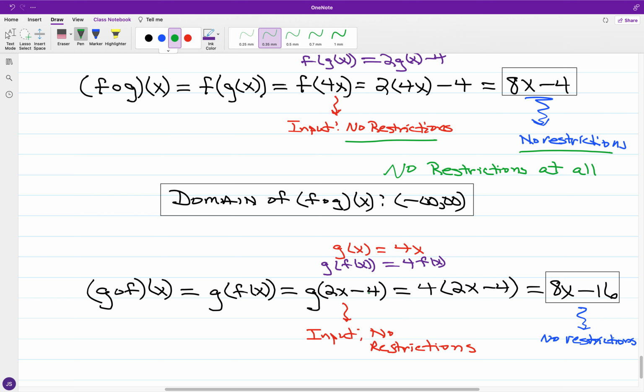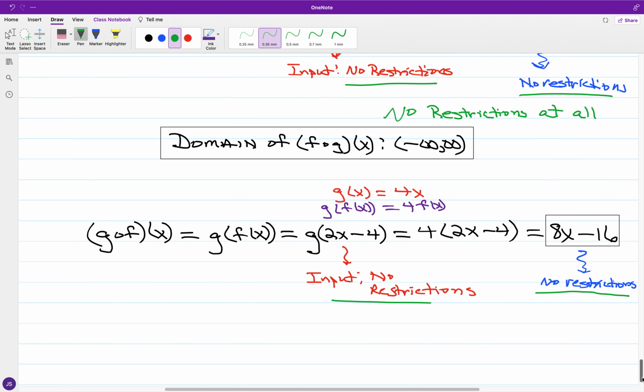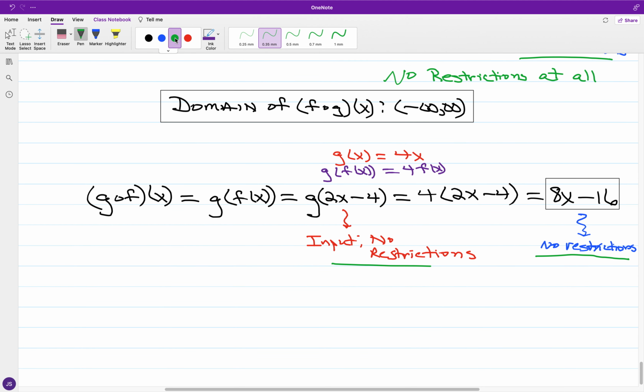Since there are no restrictions between the input and the final result, namely the composition, you have no restrictions at all.